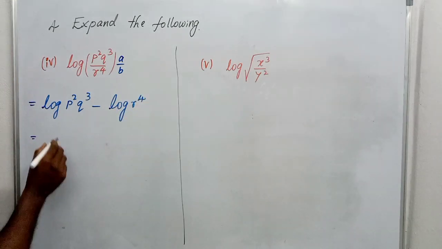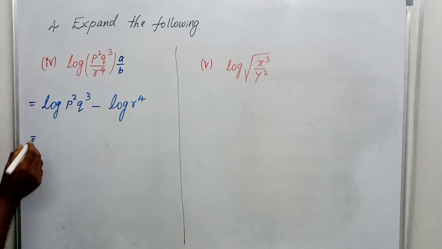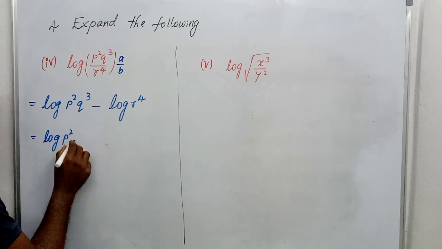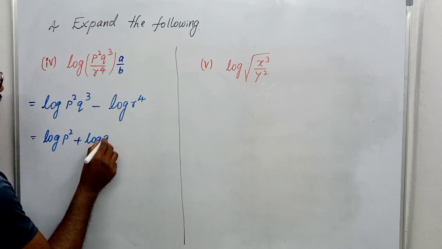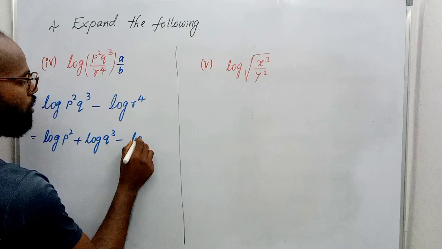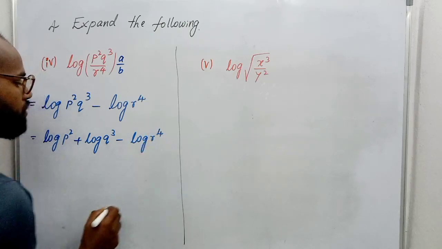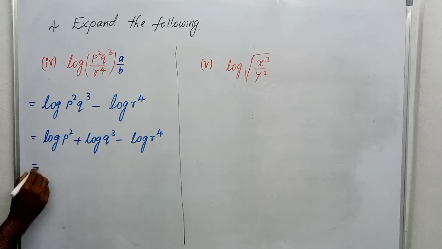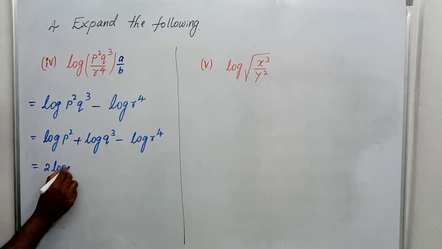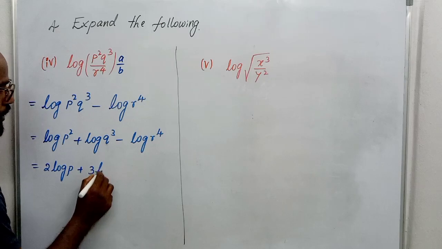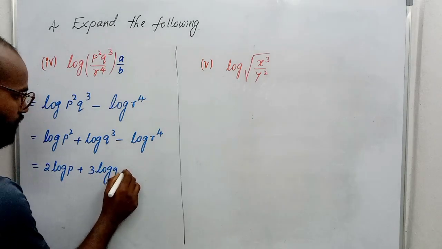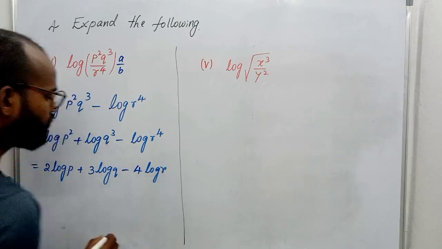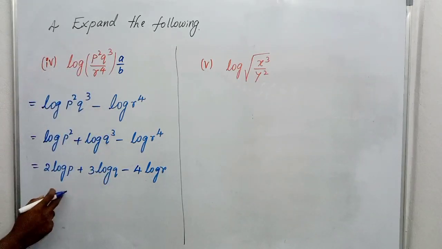Now here it is in the form of log AB, which can be expanded as log A plus log B. Log p square plus log q cube minus log r power 4. Now can I write it as log x power n equal to n log x? Yes. 2 log p plus 3 log q minus 4 log r. So this is your expanded form for the given question.